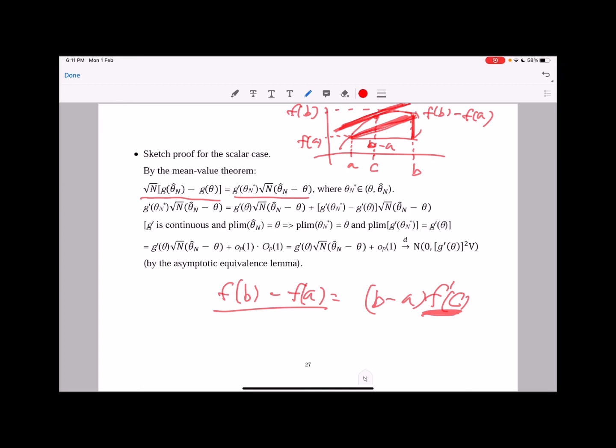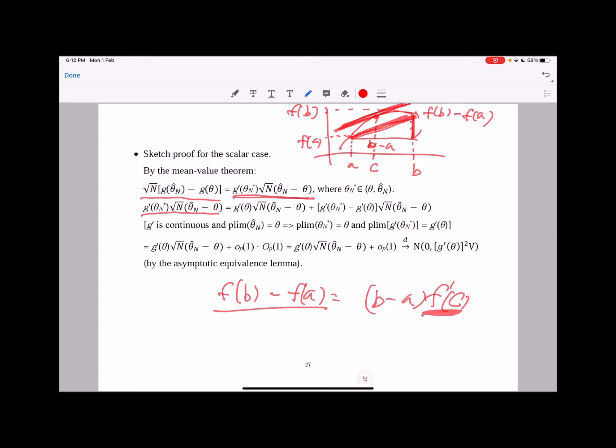Okay, and if we apply that here, we can find a g prime theta star here. And we do a trick here. Then we rewrite this guy, g prime theta star, and so we rewrite the whole thing.